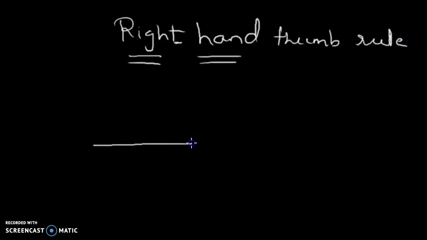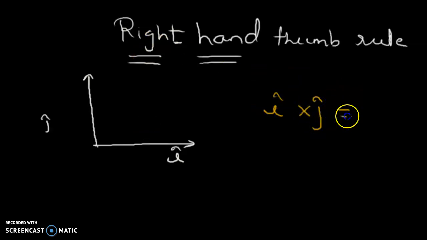So what you need to do, this is the i cap, this is j cap, positive i cap, positive j cap. If you're doing i cap cross j cap, you need to take your right hand and move your fingers from i cap, from eastward to northward.